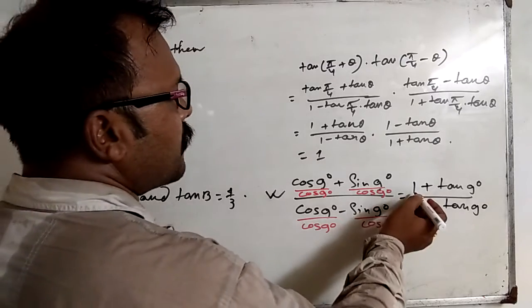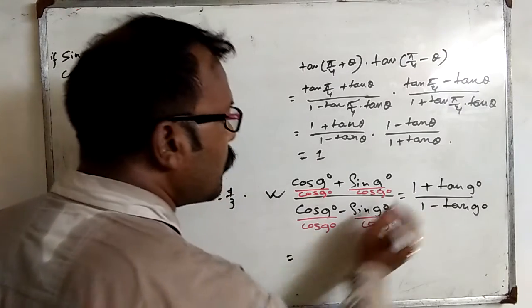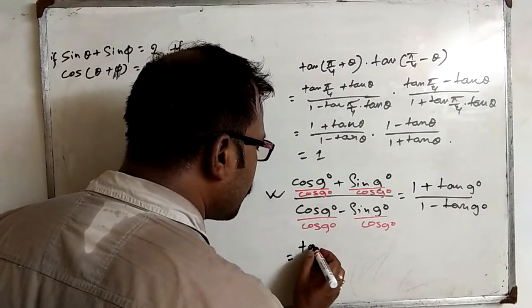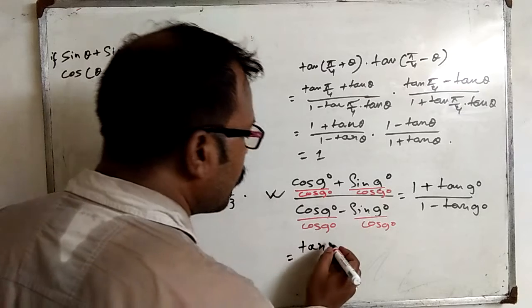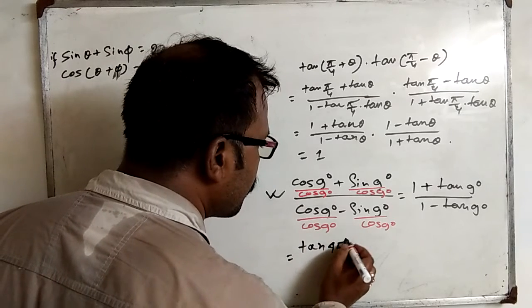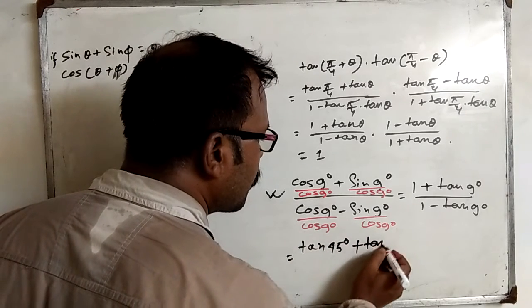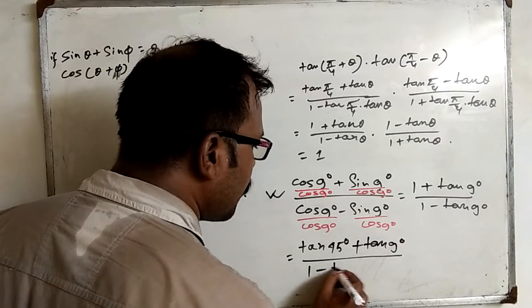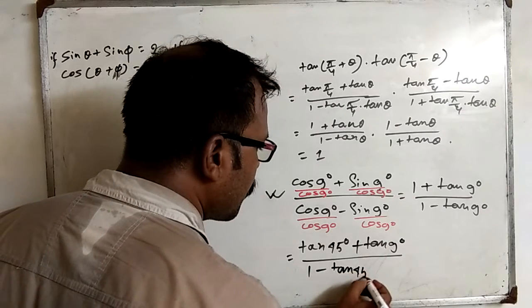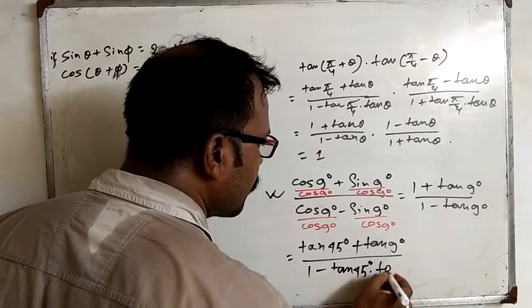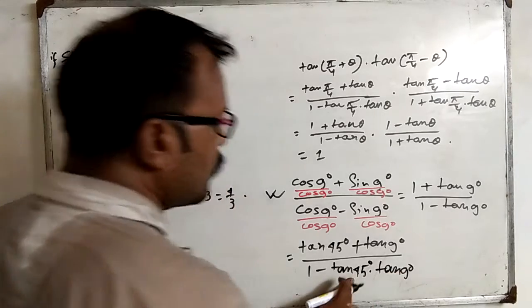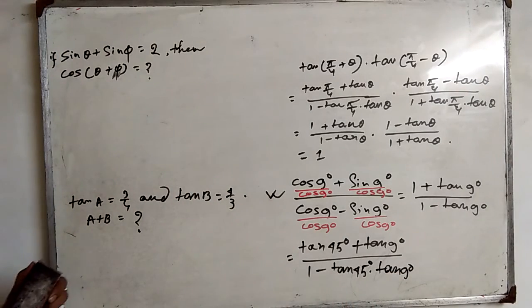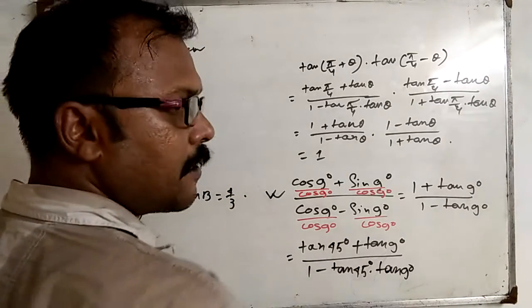We convert 1 to tan 45, so tan 45 plus tan 9, whole divided by 1 minus tan 45 into tan 9. Since tan 45 equals 1, 1 into tan 9 is tan 9.